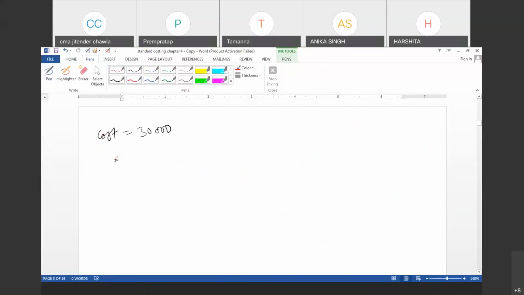And I am calculating on the basis of time. So my time cost per unit, per hour basis, into total time is my total cost.